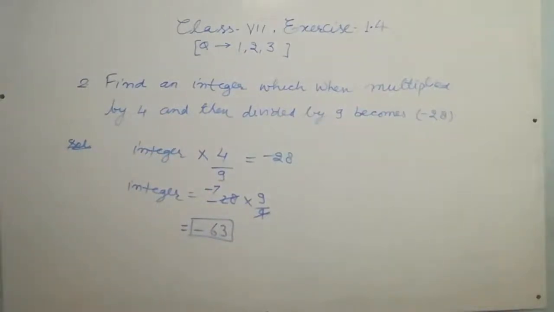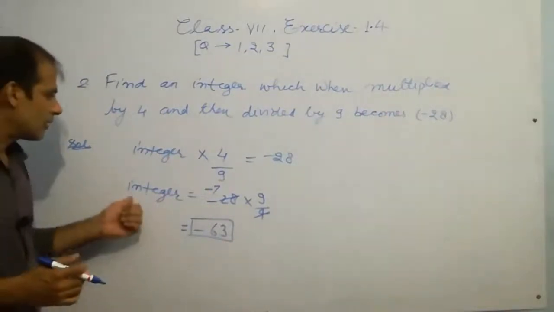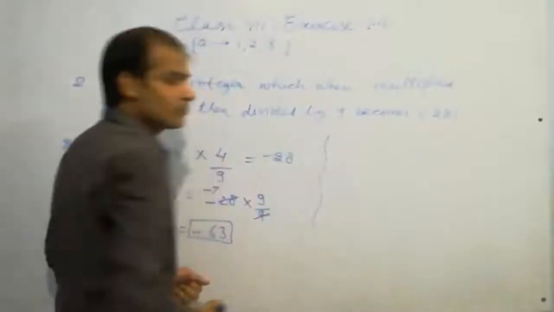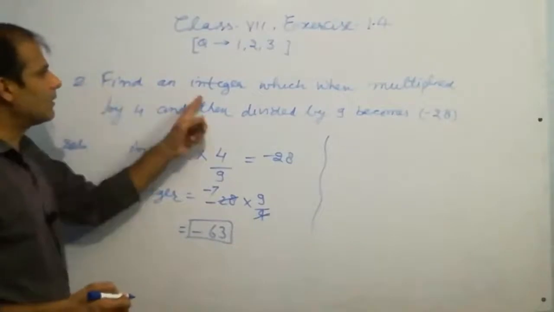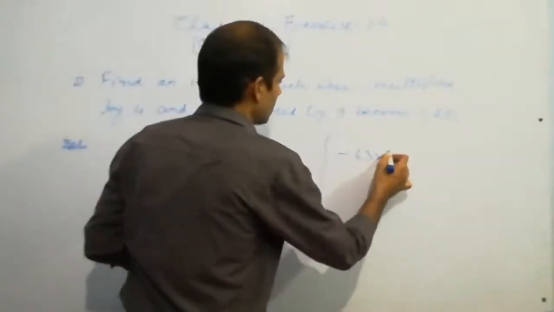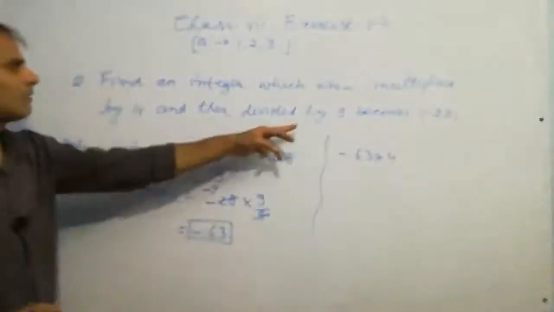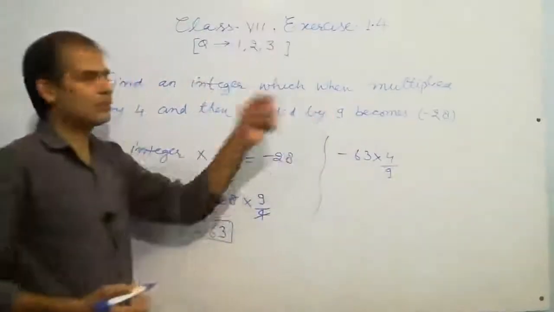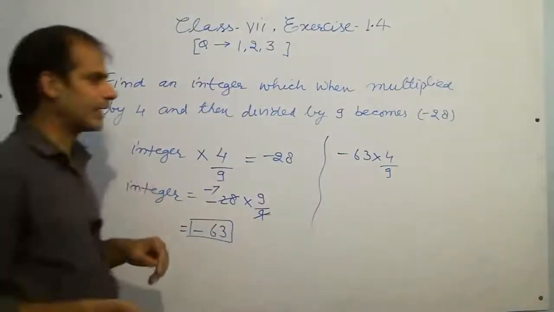Now you can cross check it. How? The value of the integer is minus 63. An integer when multiplied by 4 and divided by 9 should give minus 28. Just check it.